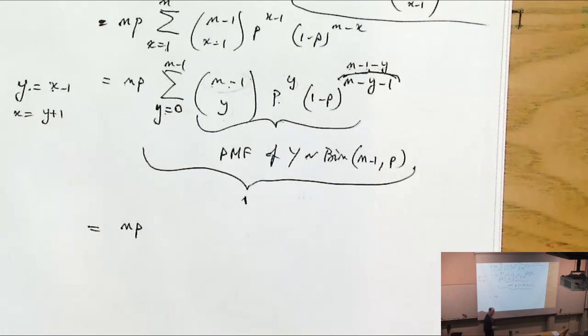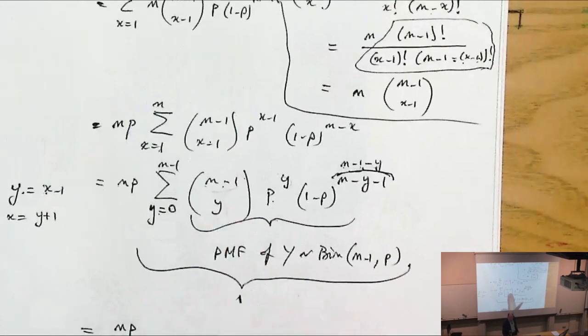Okay? Is that clear? So you see that trick here, using the fact that the probability mass function is valid to compute something, is quite common. And you will play with this in classes with Bernie.